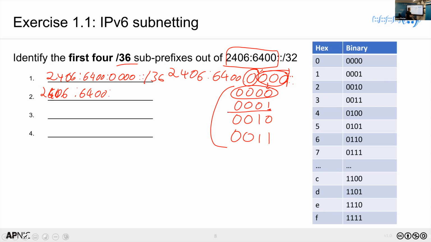So 0001 in binary is 1. Don't forget the rest of your hextet. And 0010 is 2. Don't forget your last zeros. And 0011 is 3.